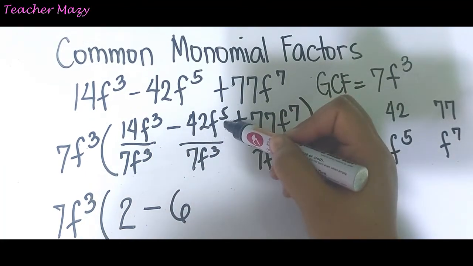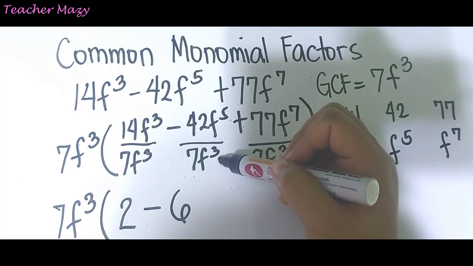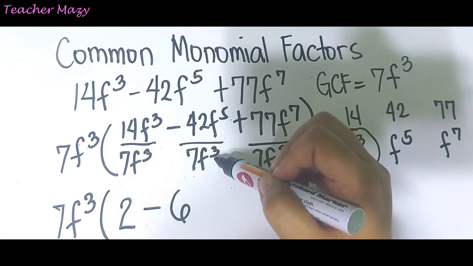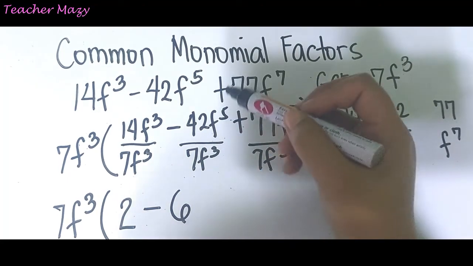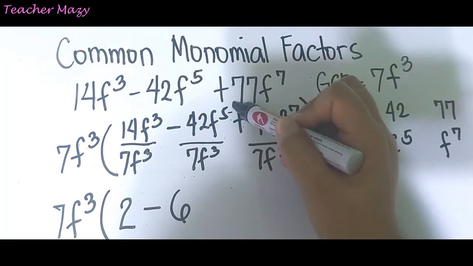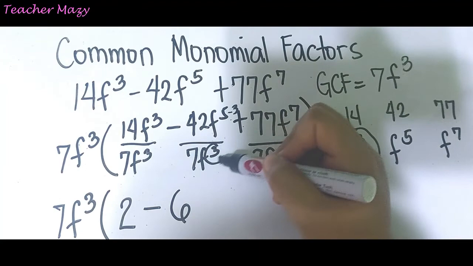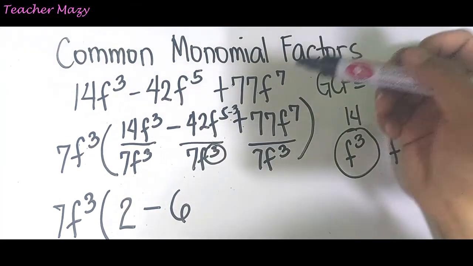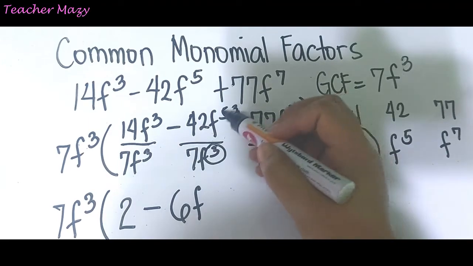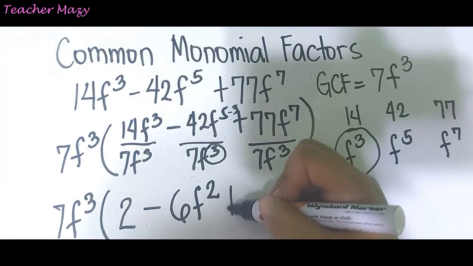Then f raised to 5 divided by f cubed: to divide the exponents, we subtract. So f raised to 5 minus 3, subtracting the exponent of our divisor, is equal to f squared.